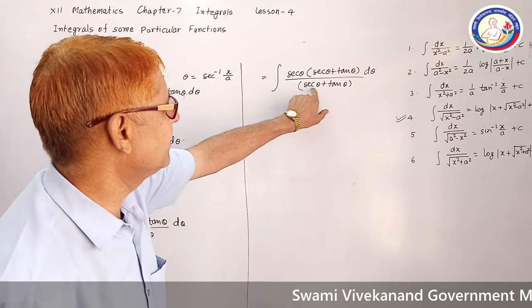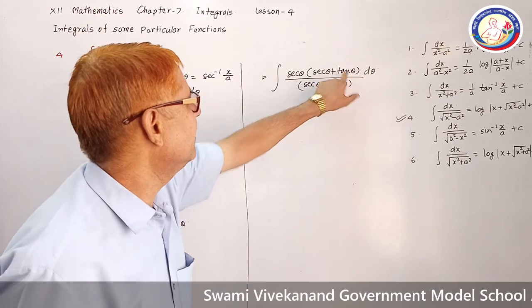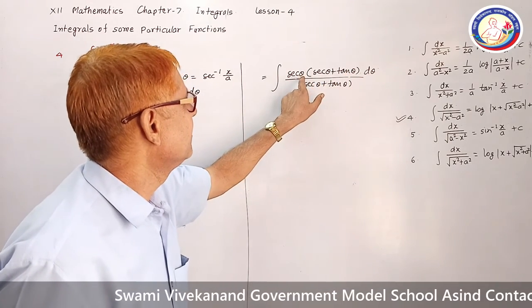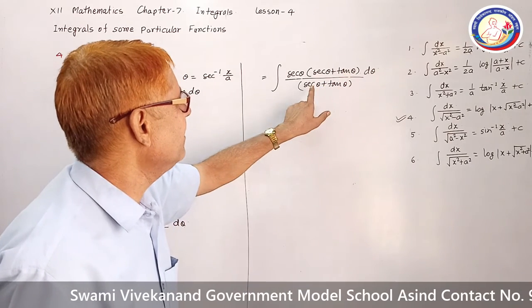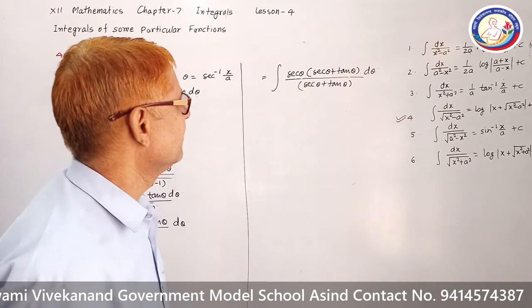Because derivative of sec theta plus tan theta is sec theta tan theta. This is here, and first into this sec theta into tan theta, and then derivative of tangent theta is sec square theta. This is also here.